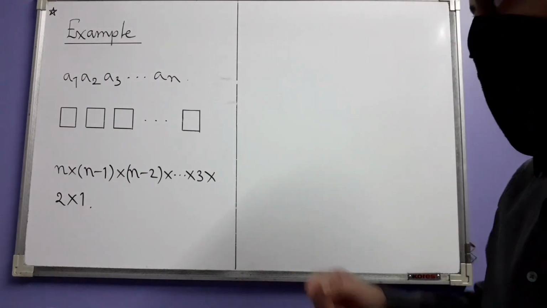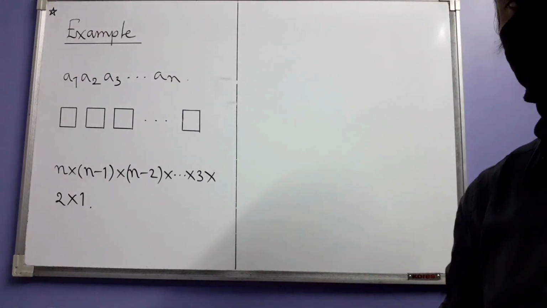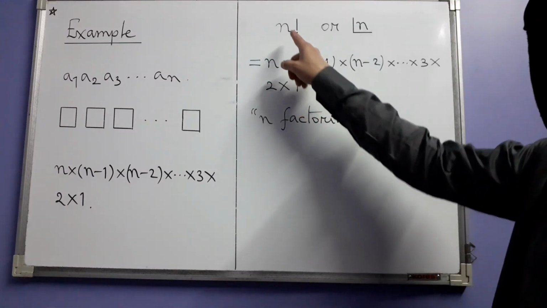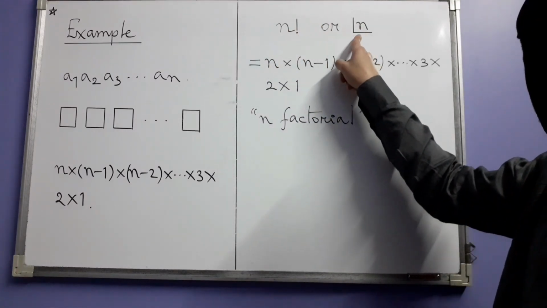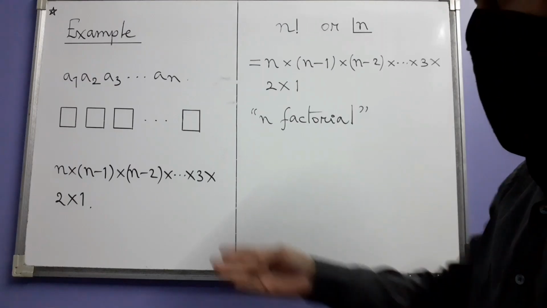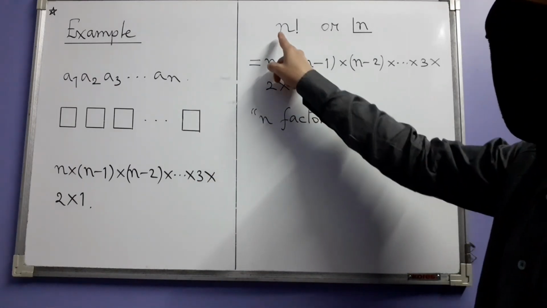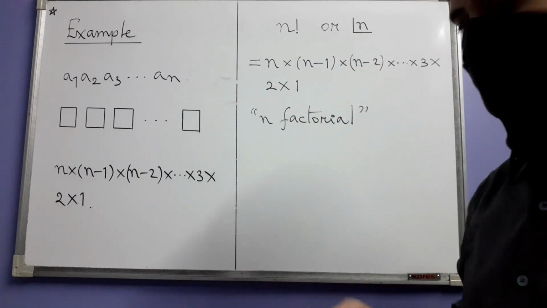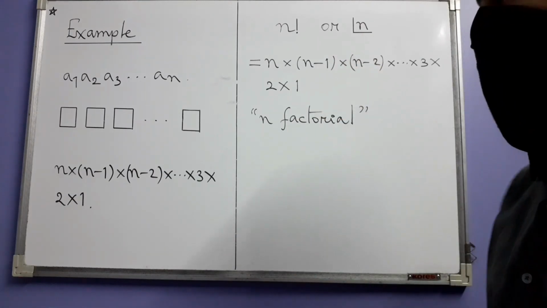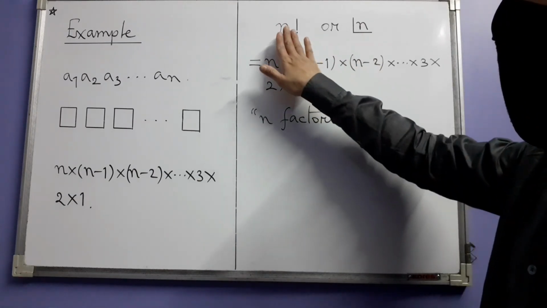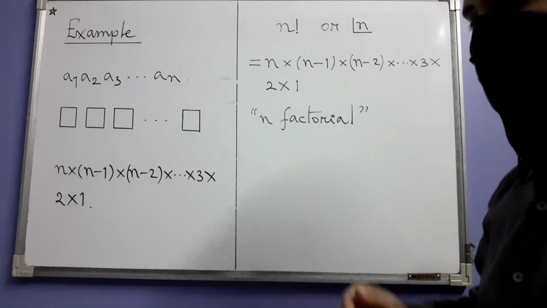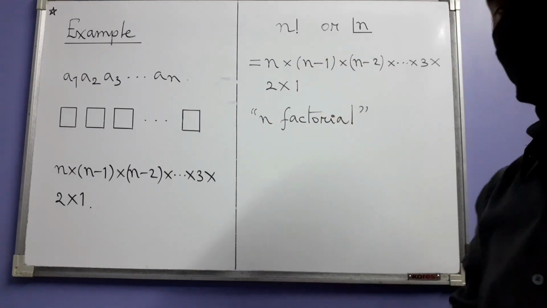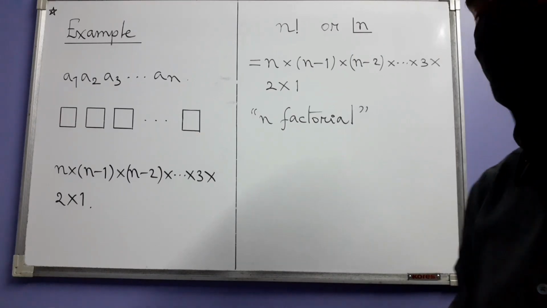Instead, it would be nice to have a compact notation, and that notation is this or this. They mean the same thing. It is n followed by the exclamation mark, or this one, which is no longer used. It has fallen out of use. We use this one. And how to read it? You say n factorial.